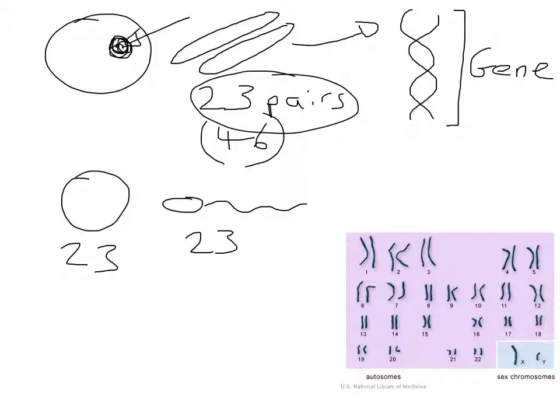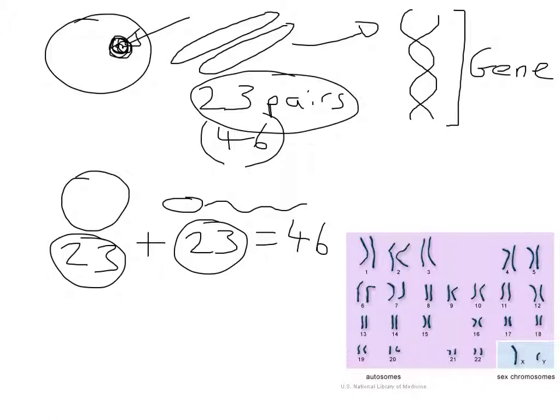The male sperm cell will also have 23 chromosomes in it. During fertilization, when the sperm fertilizes the egg and forms a zygote, the 23 chromosomes from each combine together to make a zygote with 46 chromosomes in it. You're getting 23 chromosomes from your dad and 23 chromosomes from your mum.